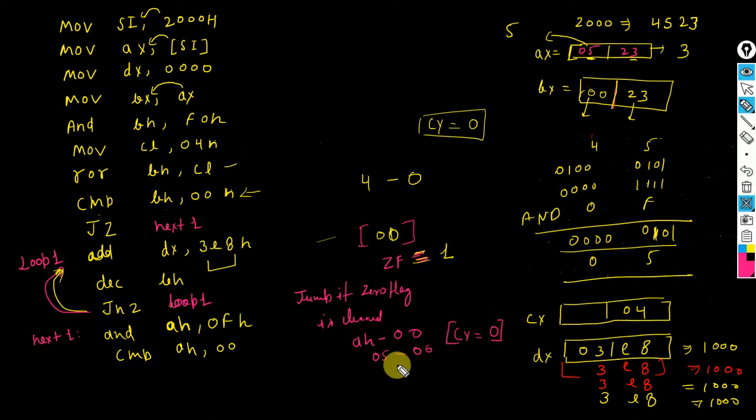Move to the next instruction, JZ, jump if zero, but the above value is not 0, so this instruction is not executed here. Move to the next instruction.